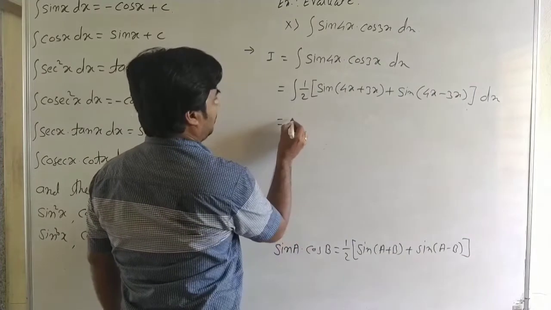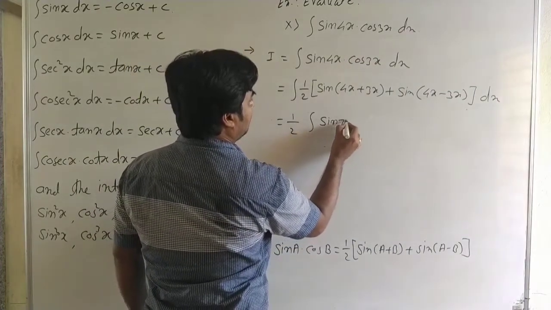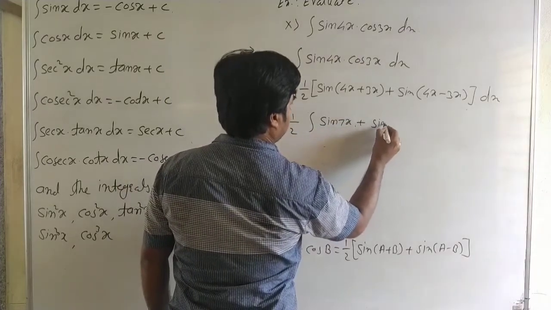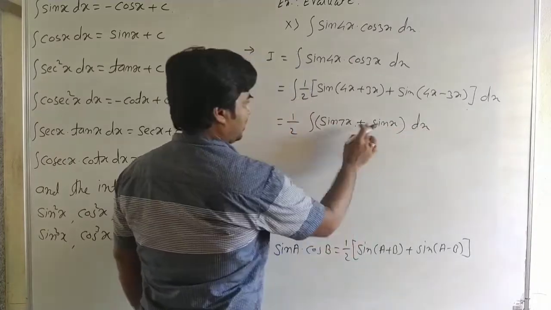And now it is 1 by 2 integral of sin 7x plus sin x, and now it is standard form.